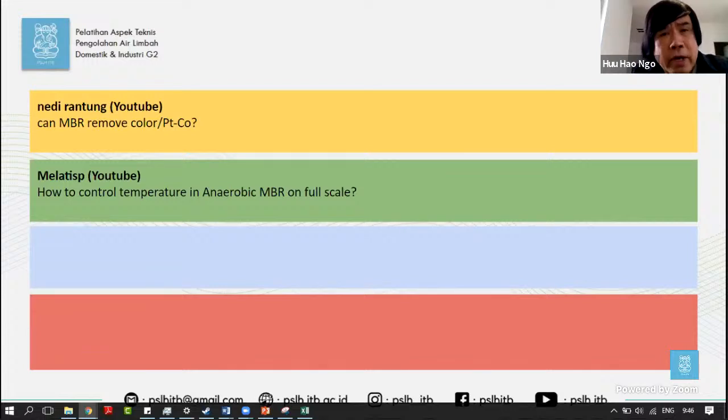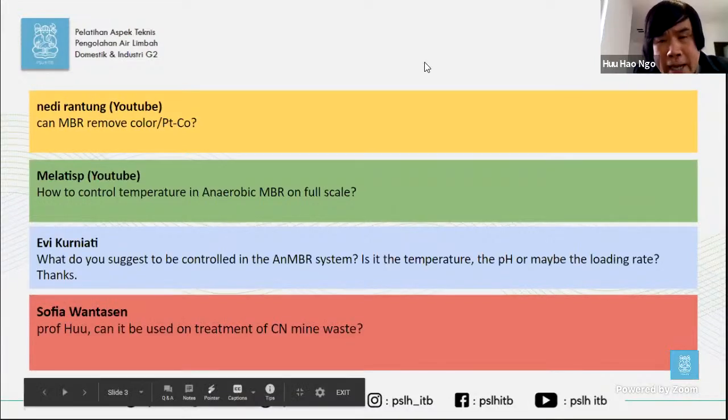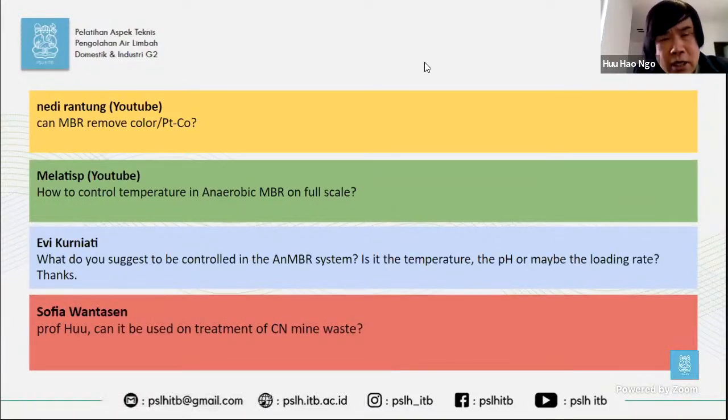In fact, when we want to increase the temperature from the mesophilic 35 degrees centigrade to 55 centigrade for the thermophilic, we have to pay a lot of money. So there is nothing special for that. Whatever they do with the temperature controller is really, really costly.